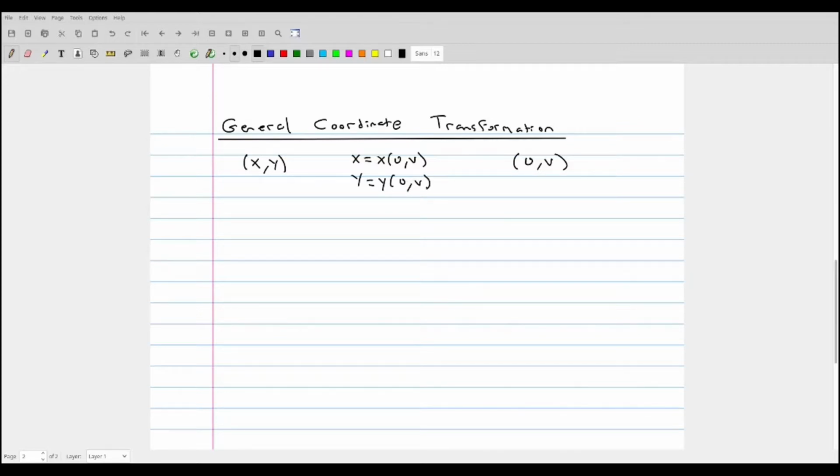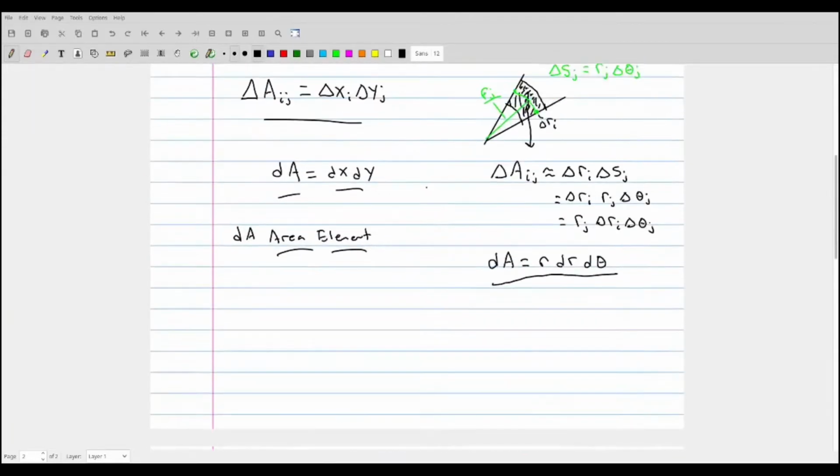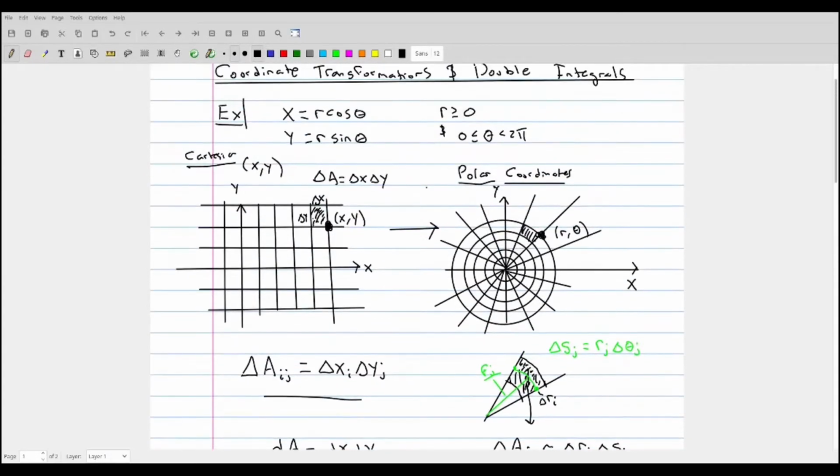Just like for polar coordinates, right? Our u is r in polar coordinates, and our v is theta in polar coordinates. And the function for the coordinate transformation is just x equals r cosine theta and y equals r sine theta.